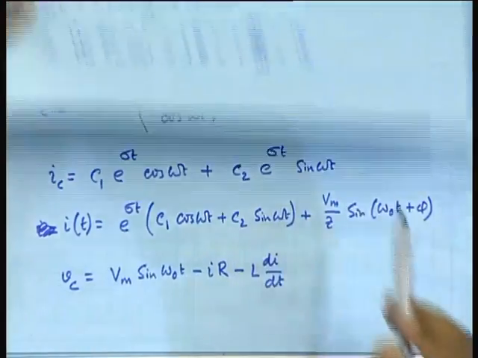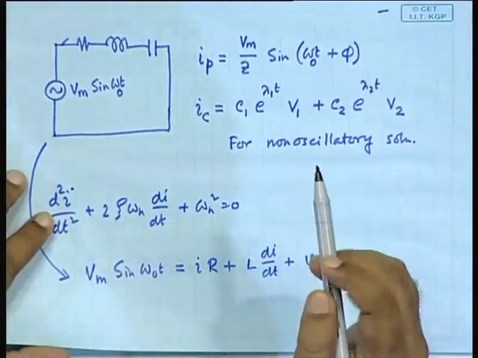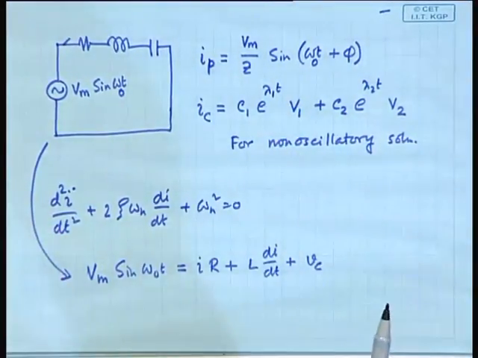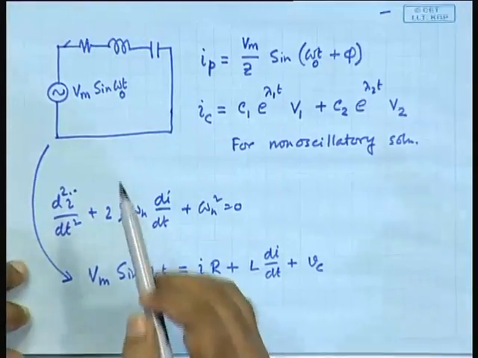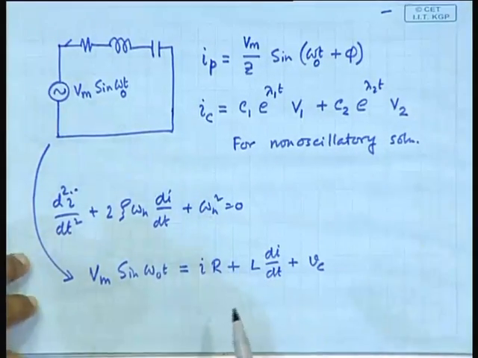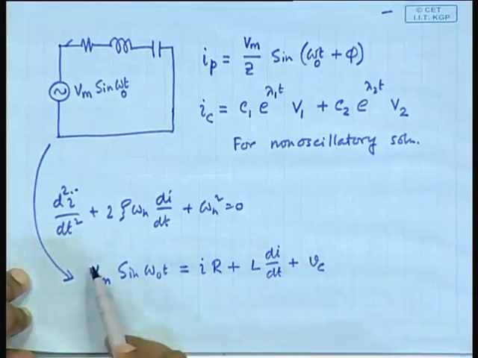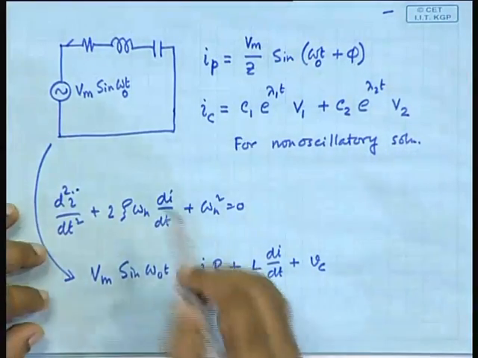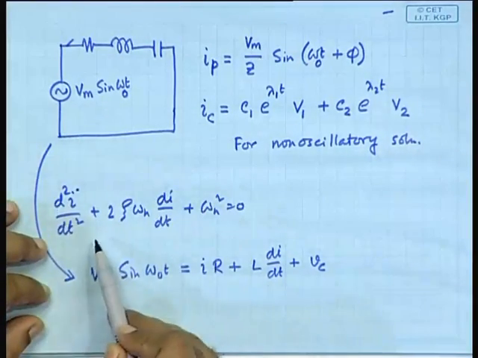The particular integral is available here. The particular integral would be available for an equation like this, but that will have to be obtained separately. There are two possible ways, as I said, either you write equation like this, substitute it here and then obtain the equation for V c, else you start with an equation in terms of V c.